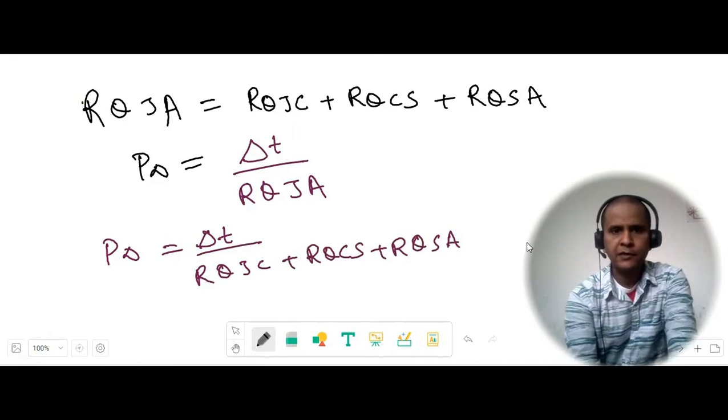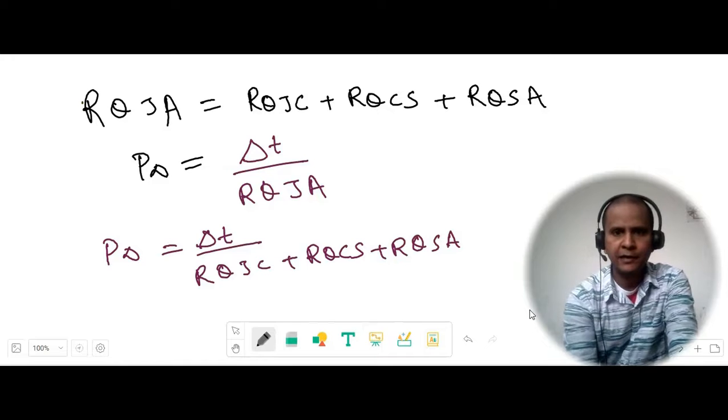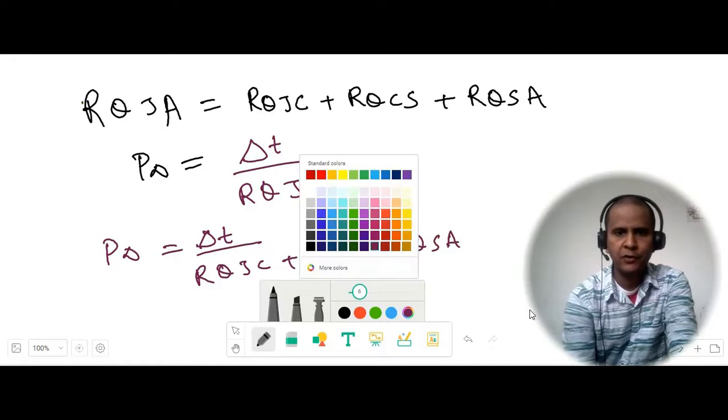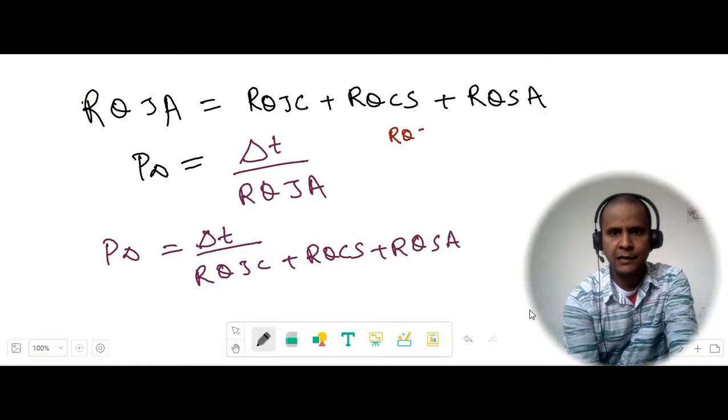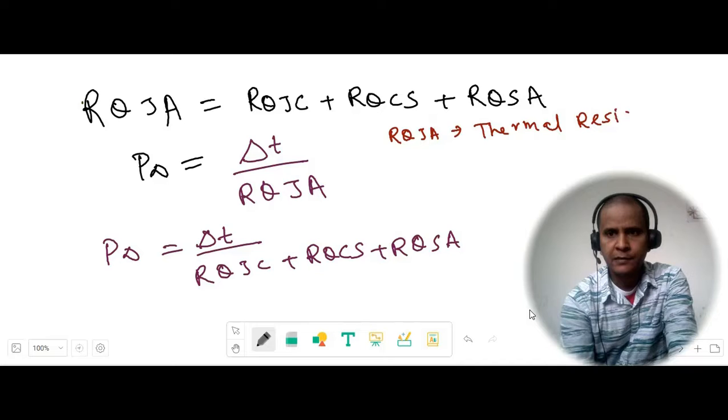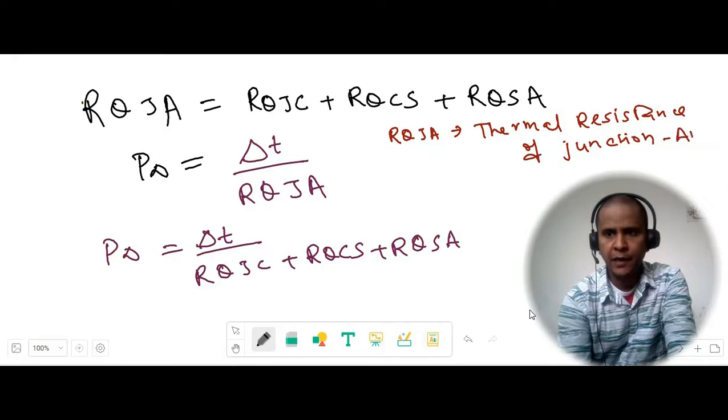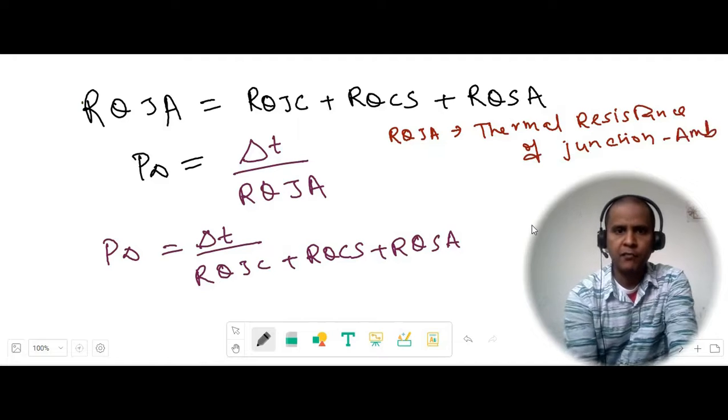So what is R theta? If I have to write the different parameters here, how am I going to write it? R theta JA is nothing but the thermal resistance of junction to ambient. AMB stands for ambient. What about R theta JC?